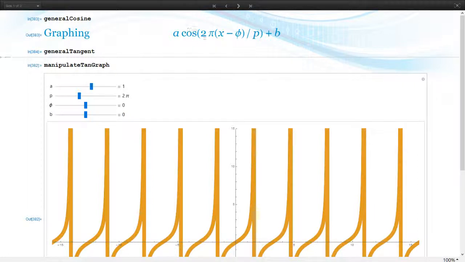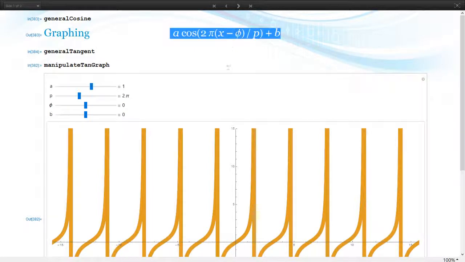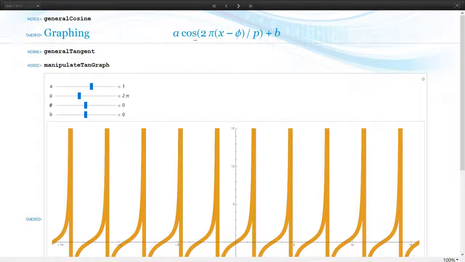But the reason that tangent and cotangent need to have a pi in this position in the general equation instead of a 2 pi is because the period of tangent and the period of cotangent is half that of all of the other trig functions. So we'll remember that the general form of cosine is like so. For every trig function except tangent and cotangent, you just replace cosine with whatever trig function you're looking at.